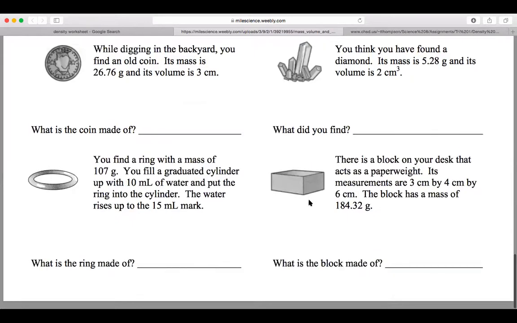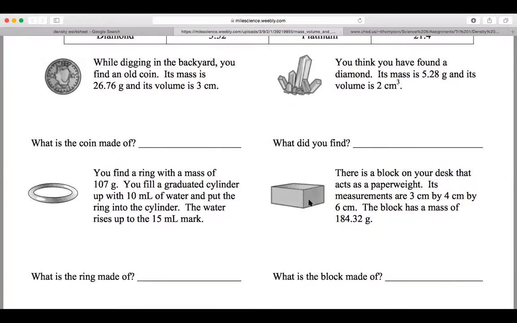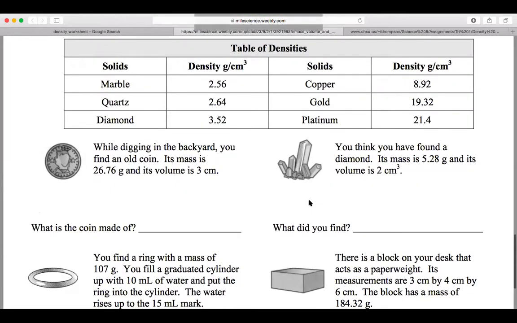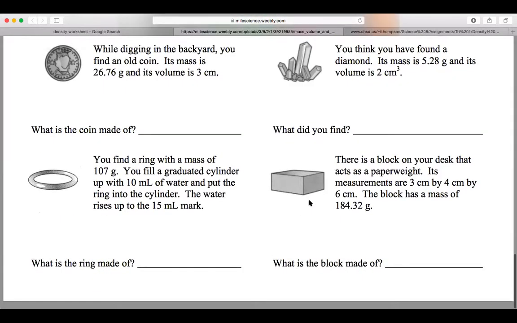Yes, quartz. Correct. The third one, the ring. I have a ring with a mass of 107 grams.